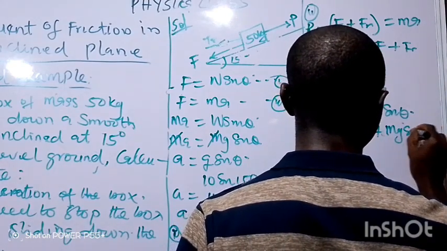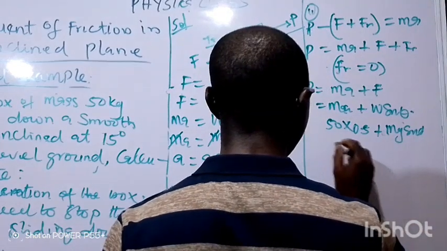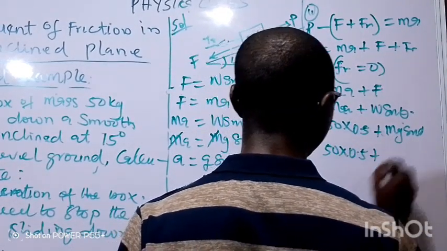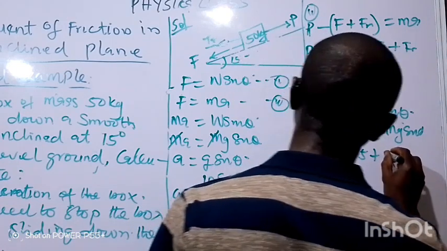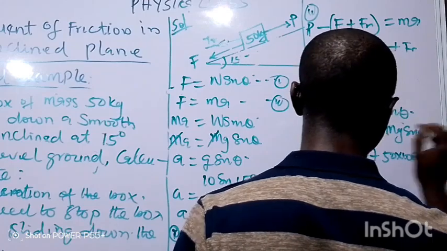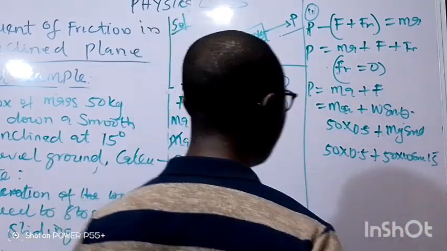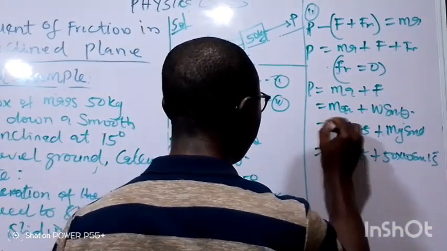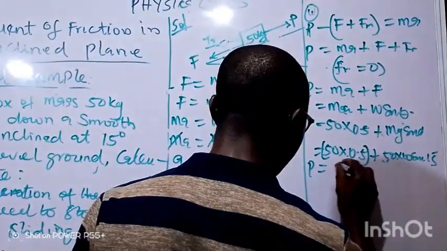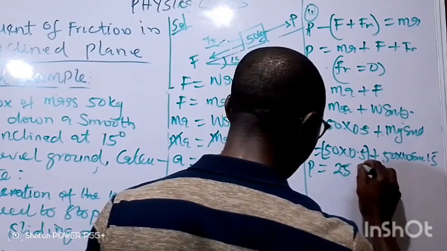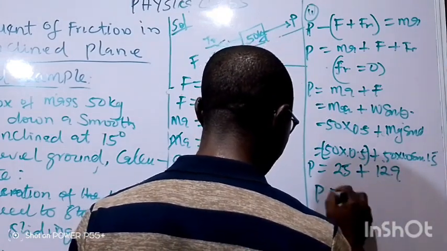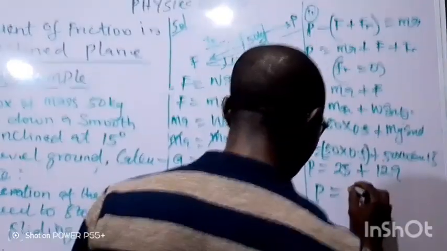So this one will give us 50 multiplied by 0.5 plus the mass of the body, that's 50 multiplied by 10 sine 15. So 50 multiplied by 0.5 is 25, plus 129. So finally, P now will be equal to 154 Newton.